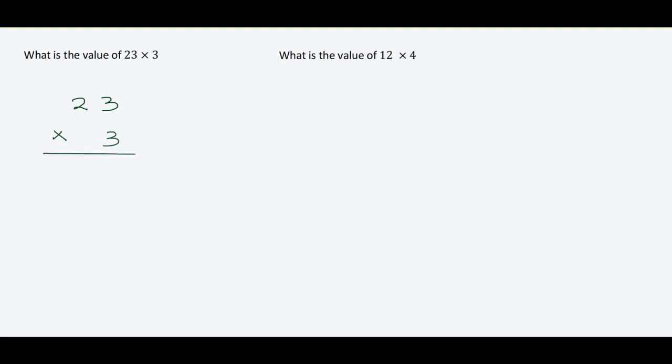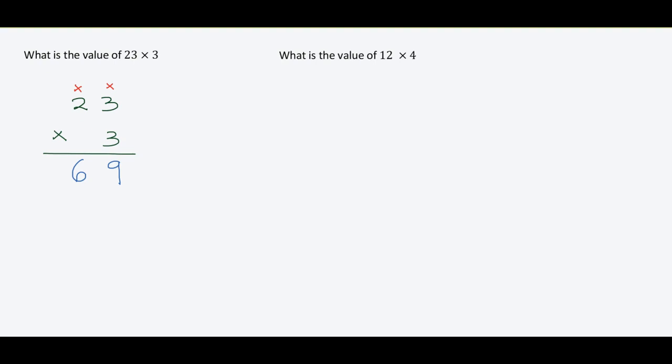We're always going to start from the right column over here. So 3 multiplied by 3, we have 9, and then we move over to the next column on the left. 2 multiplied by 3, we have 6.